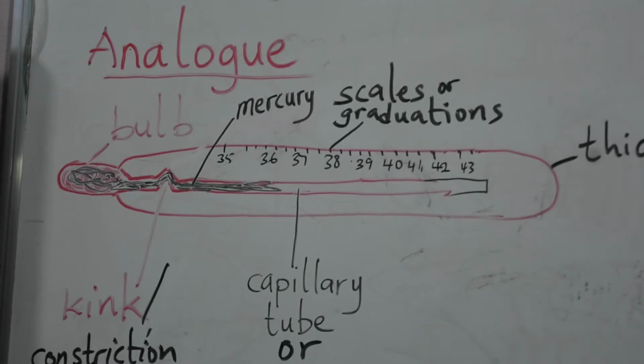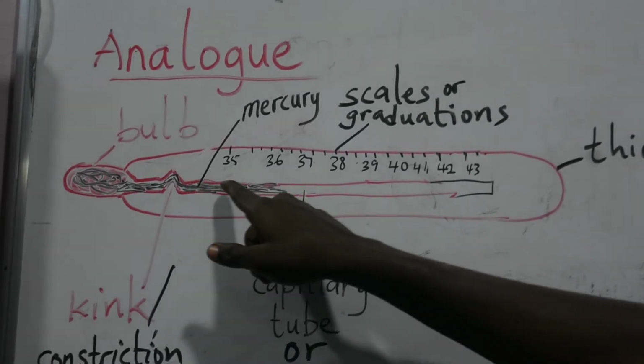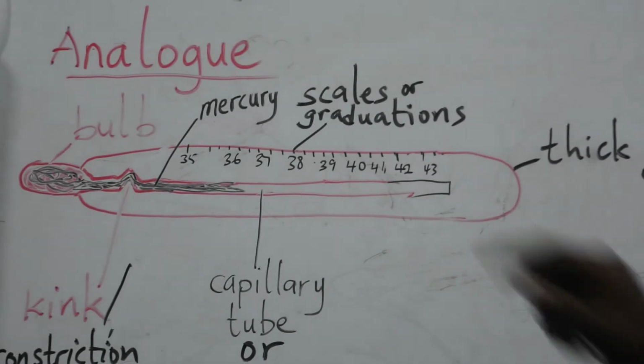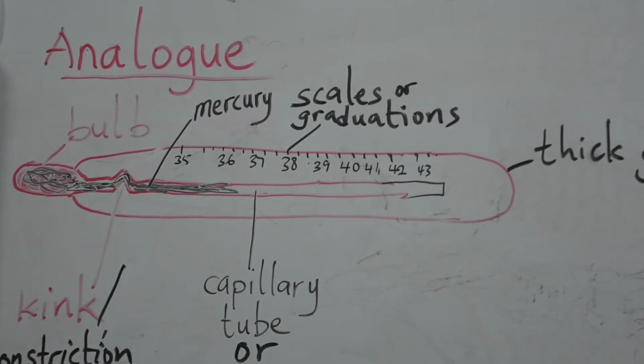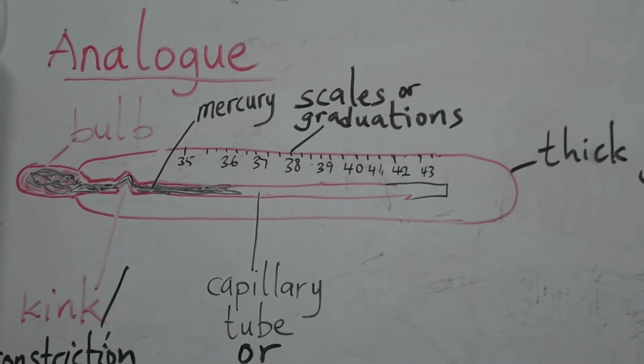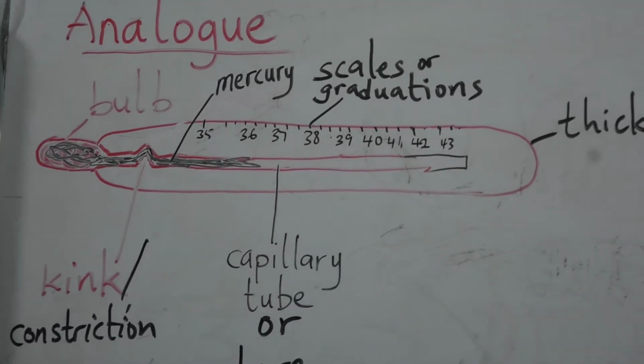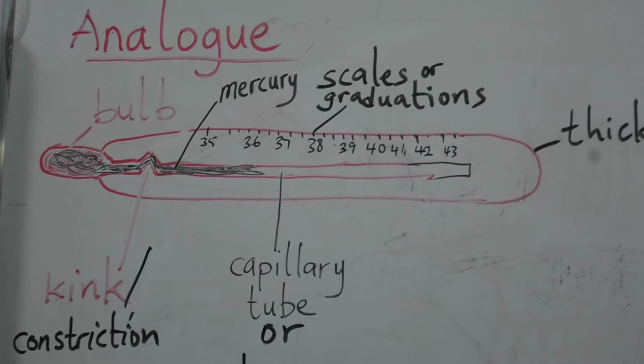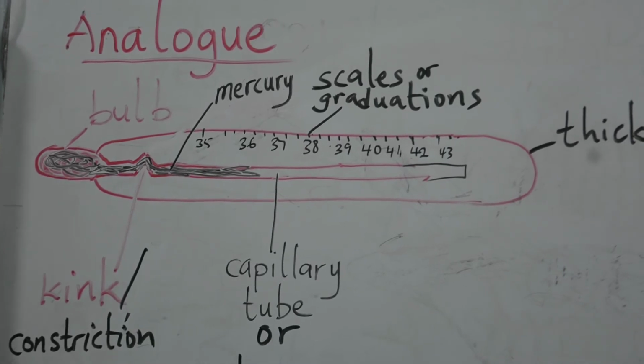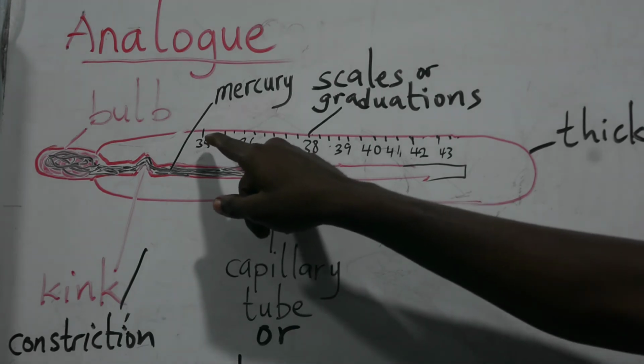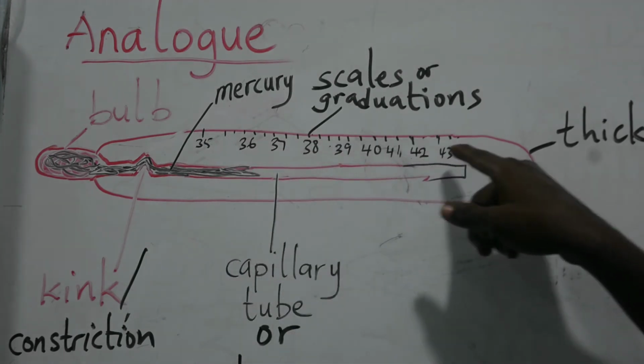And that's the main reason why we have a kink, just to stop the free flow of the mercury or alcohol. Now, if you look closely, there is a tube here. This tube is called the capillary tube. Because it has this hole in it, others refer to it as the bore. All right? There are some readings on it.